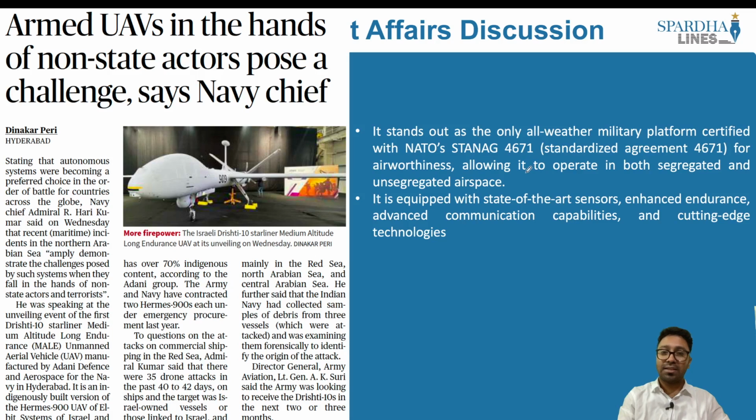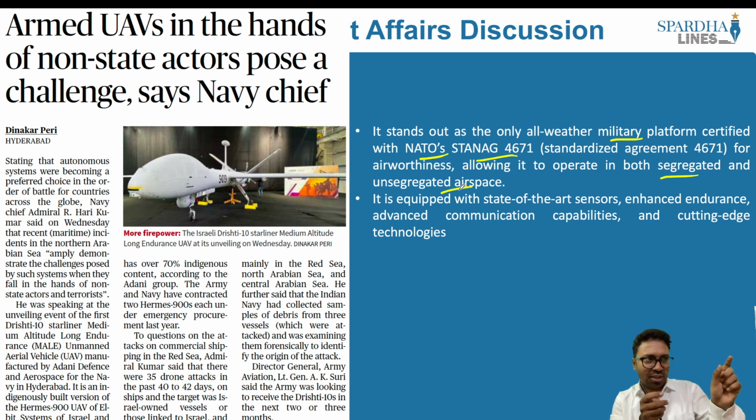That apart, it stands out as the only all-weather military platform certified with NATO's STANAG 4671, Standardized Agreement 4671, for airworthiness, allowing it to operate in both segregated and unsegregated airspace. What do we understand by segregated and unsegregated airspace? When we speak about segregated airspace, as the very name denotes, it is segregated, which means that only a few UAVs will be able to fly in that particular airspace.